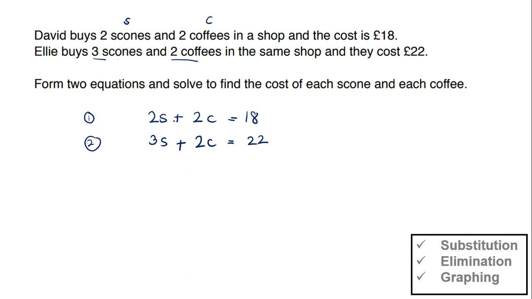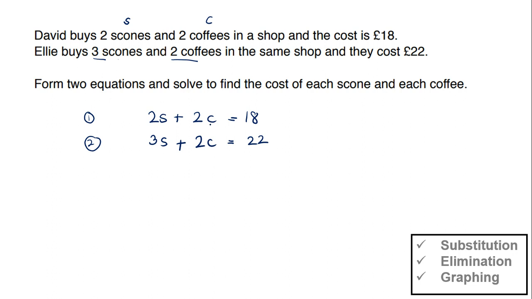If it was 2S plus C, only plus C, then I would have used elimination. Graphing, on the other hand, is a more complicated method where you keep on adding up the x values and then taking out the y values, and that takes time. So that is only required when the question specifically asks us to graph. Otherwise, we mostly stick with either substitution or elimination.